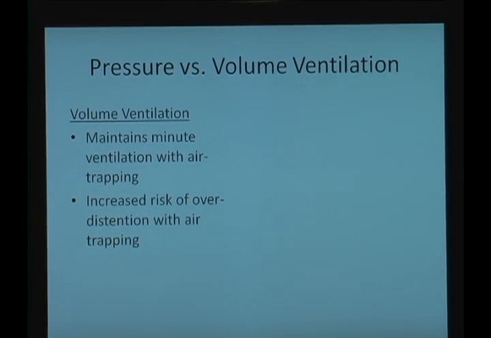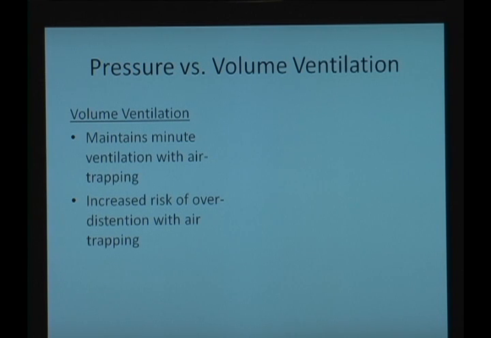So if you choose volume control, if the patient gets more auto-PEEP, more air trapping, the patient's minute ventilation will be maintained. So the patient won't get more acidotic. However, you run the risk if the patient gets more auto-PEEP, the plateau pressure will go up, and there's greater risk of overdistension and lung injury. However, on volume ventilation, if that happens, the high pressure alarms are going to start going off on the ventilator.